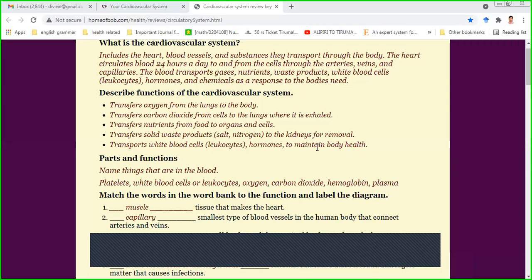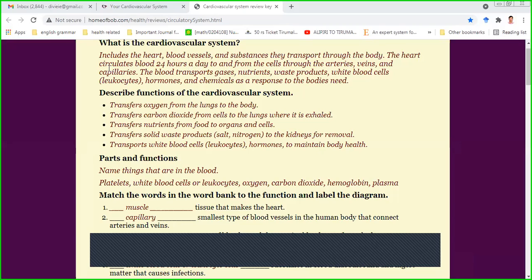It includes the heart, blood vessels, and the substances they transport through the body. Mainly we have a heart, and from the heart we have blood vessels. We can say they are small pipelines, the blood carrying pipelines, and the substances they transport through the body.